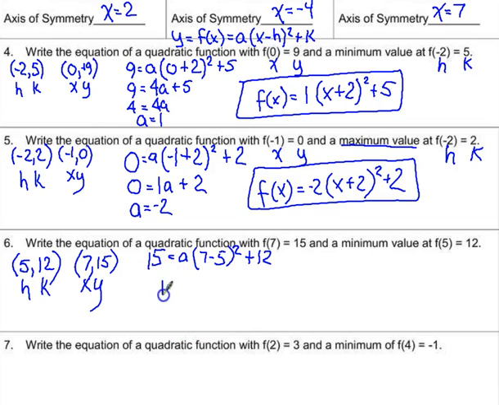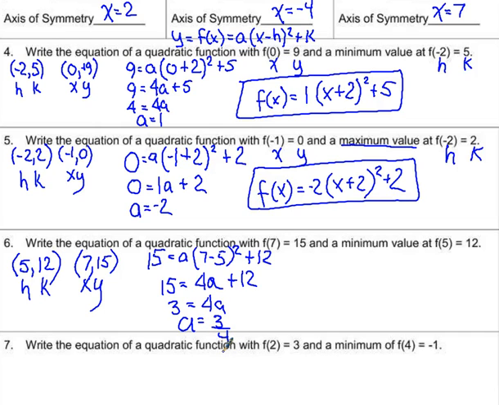So what we have is 15 is equal to 4a plus 12, or 4a is equal to 3. So when we solve for a, we get a is equal to 3 over 4.